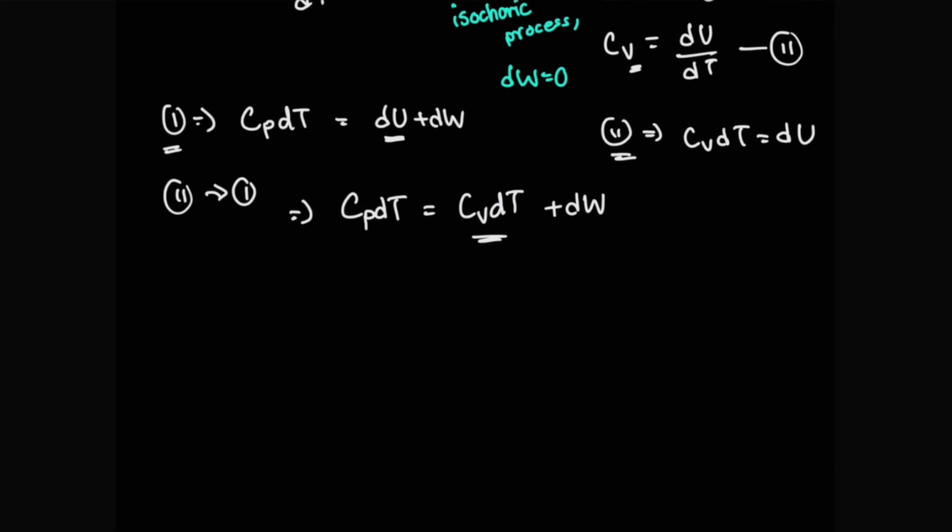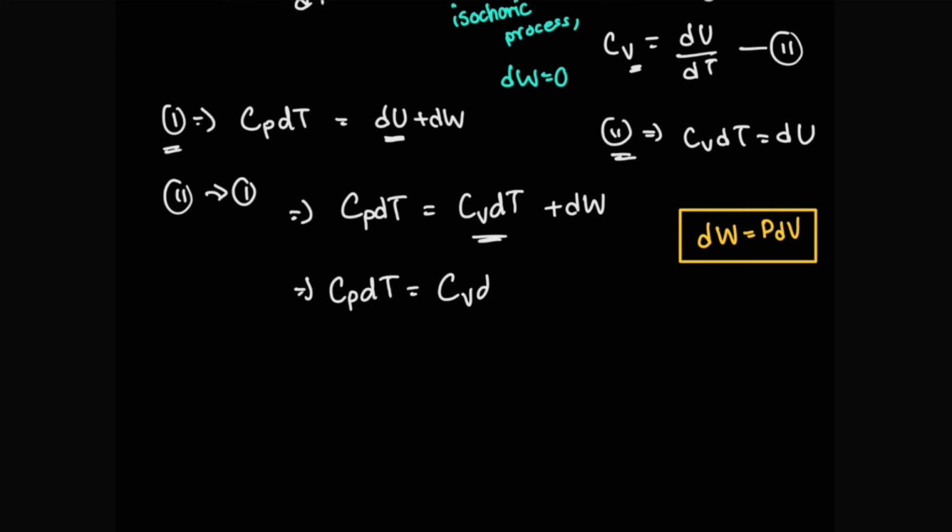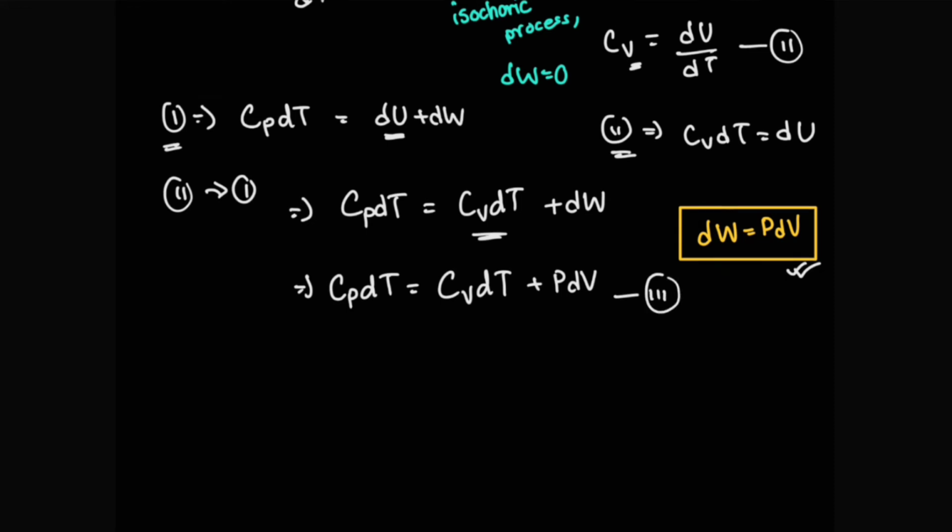And then again, in our previous lectures we have learned that the work done dw is p dV, where p is the pressure of the system, which is constant, and dV is the change in volume. So we can say that Cp dt is equal to Cv dt plus p dV. Alright, now let us have this as our third equation.